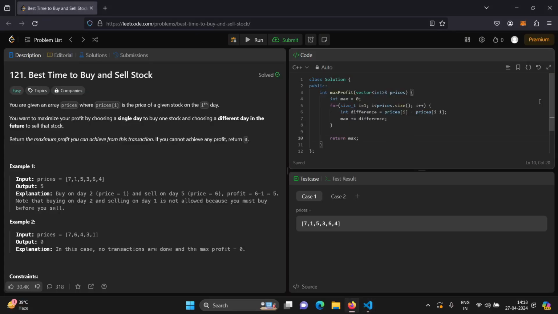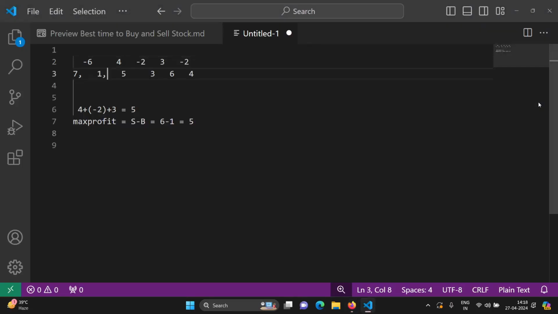So what this means is after adding the max, if my max is less than 0, I'm going to make my max 0, because that means whatever happened before this doesn't matter to me. That means I will never consider this transaction as part of my history or consider it to make a profit.